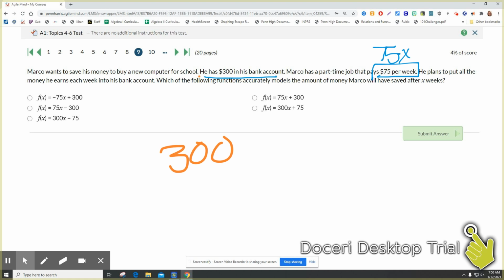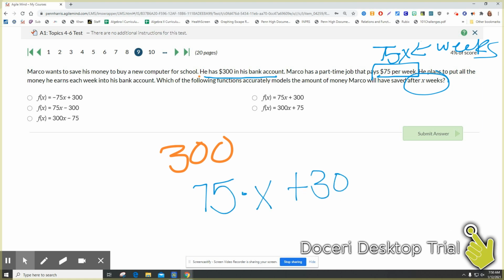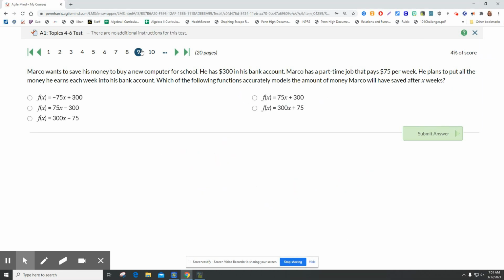He plans to put all his money into his bank account each day, which the following functions accurately models. Guys, what that means is which equation shows this, okay? And it shows how much money Marco will have after x weeks. So they're telling us that that x right there stands for weeks. Well, I know that he's going to deposit $75 per week plus the $300 he initially starts with. So that matches this function right here.